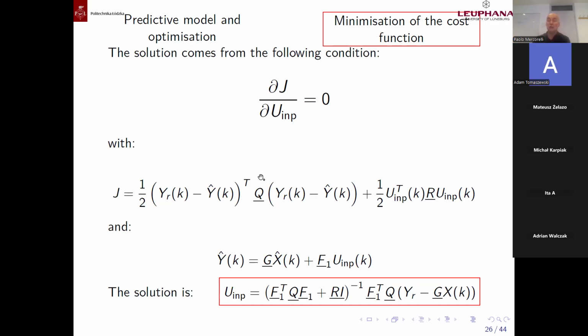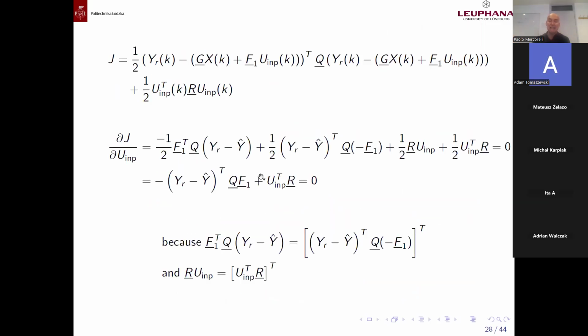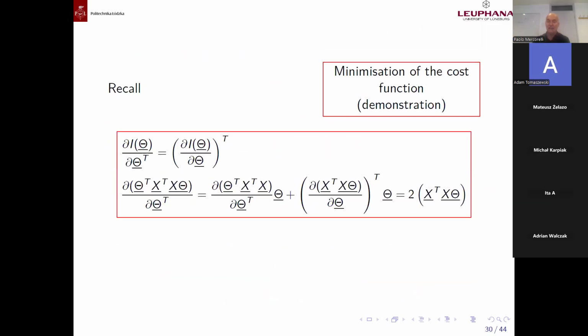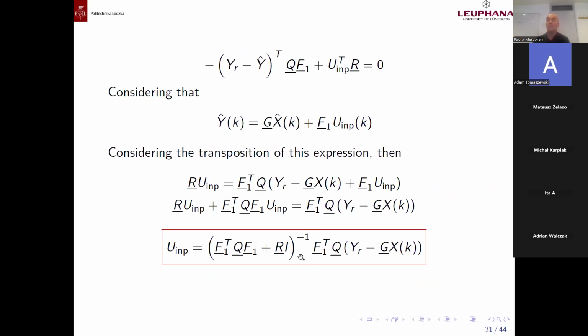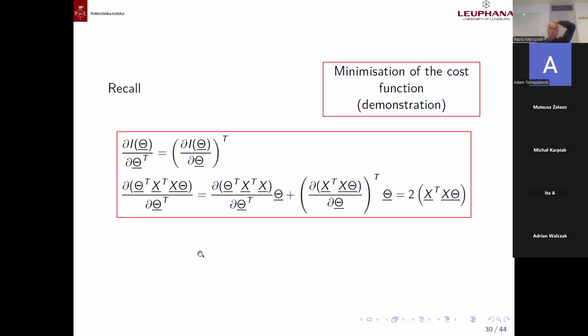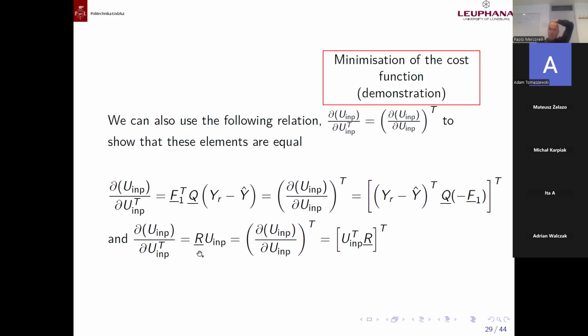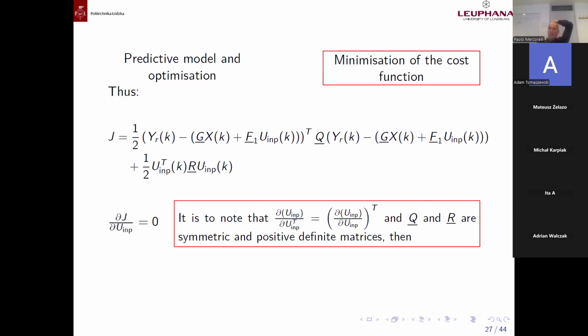If you do this calculation, which you can find here in the slide, I will obtain this unique solution. Because the problem is convex, you remember I told you last time, very briefly, about the convexity of a problem. The problem here is convex because we have a convex function to be optimized, because it's a combination of two convex parts.